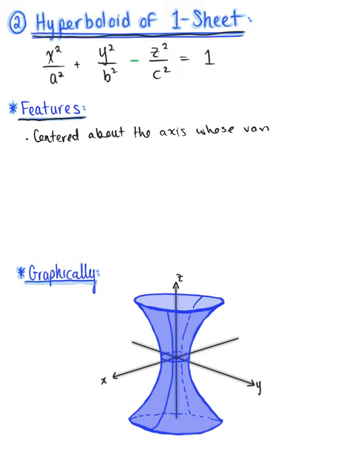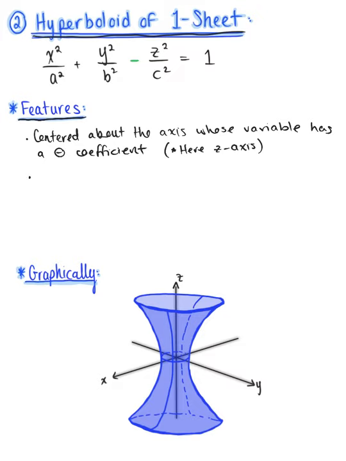For this example, it's centered about the z-axis, because z has the negative coefficient.